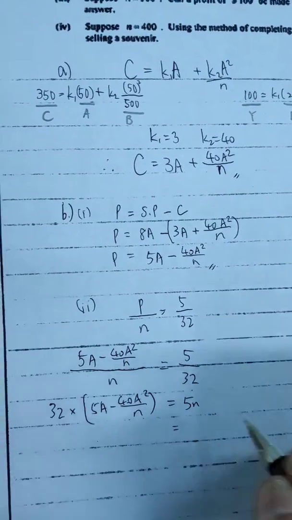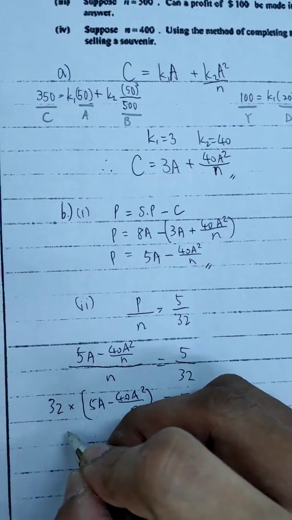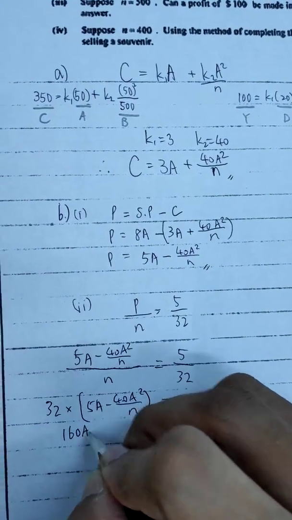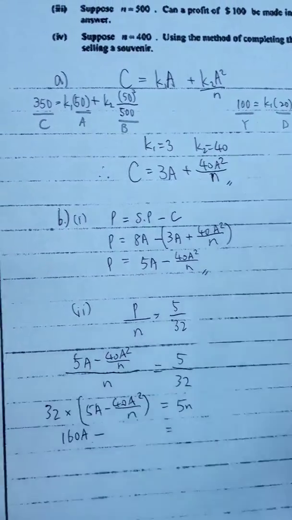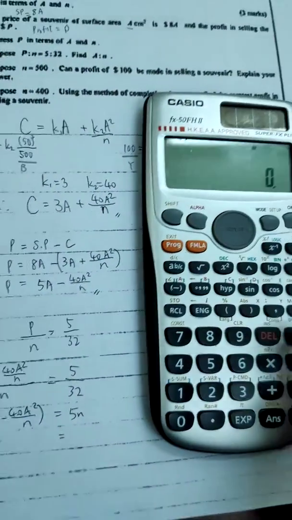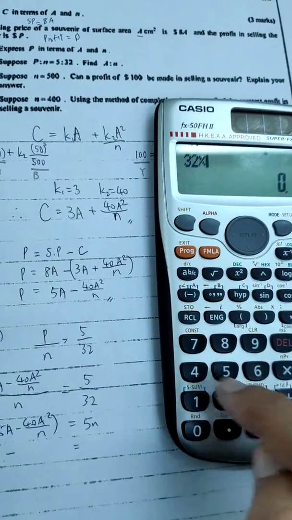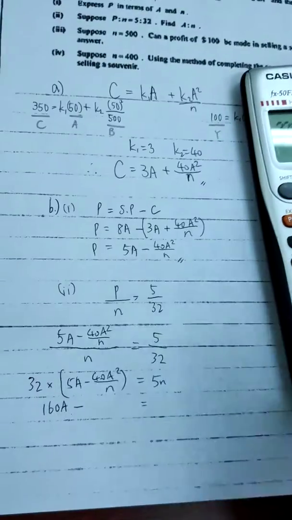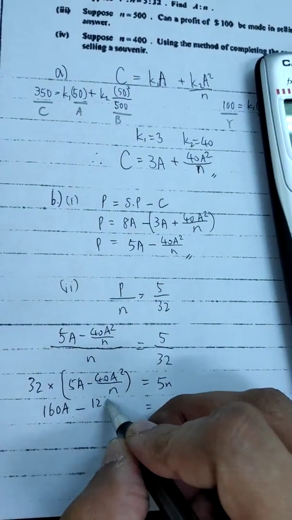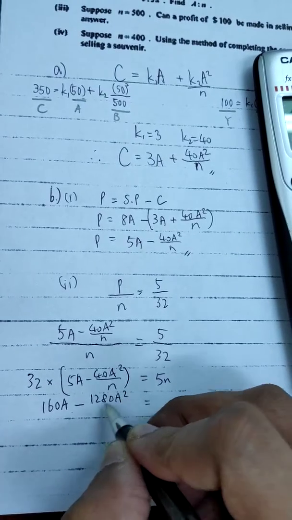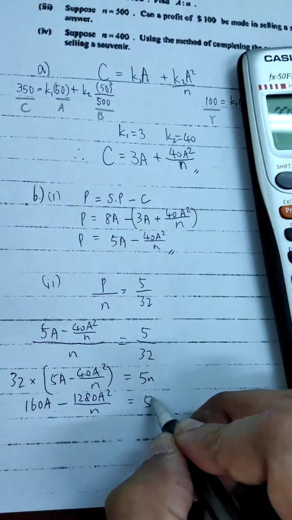And when you times it in, 32 times 5 is 160. And 32 times 40 is 1280. So it's 1280A squared over N.